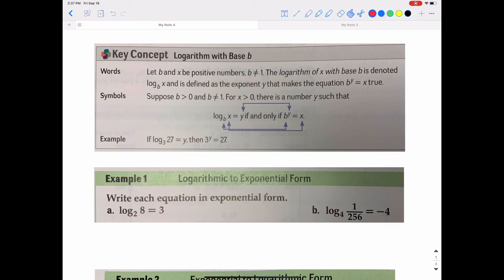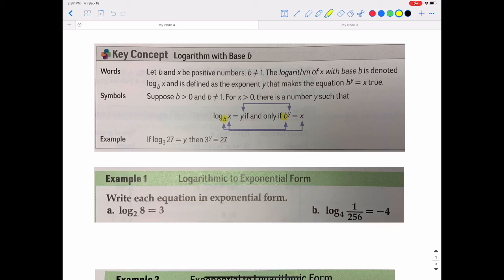So you can see over here on this side, it says b to the y power equals x. That is an exponential function. We can translate an exponential function to a logarithmic function by, if you can follow the arrows here, notice that the base of the exponent is the same as the base of the logarithm right there.